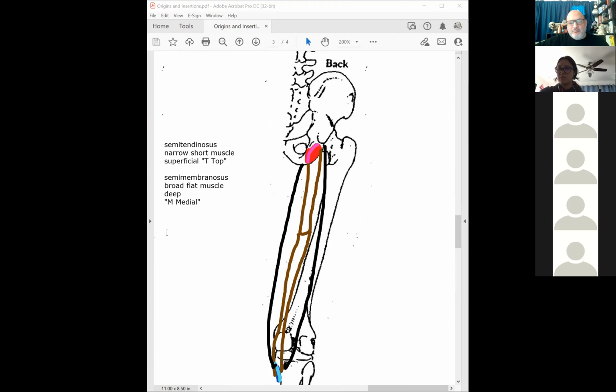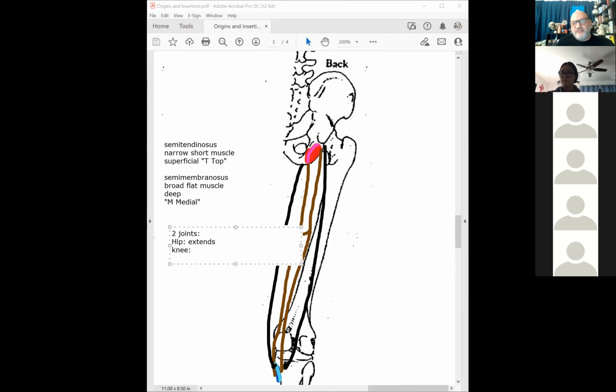And again, being posterior muscles, how many joints? 2. What two joints? The hip and the knee. Being a posterior muscle, what is the most obvious effect on the hip? It extends.